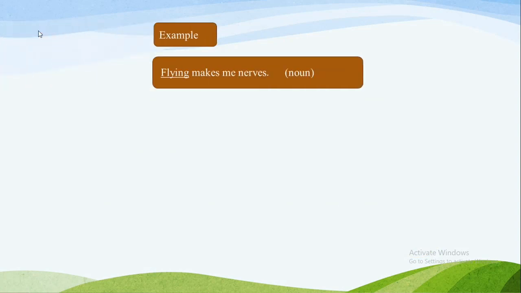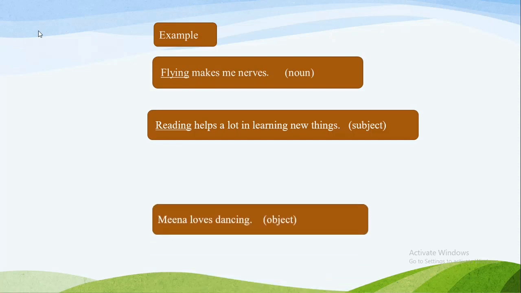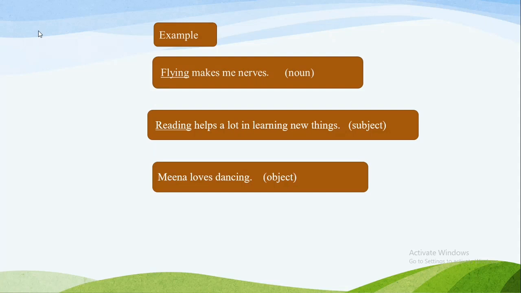Flying makes me nervous. Here, flying is a verb but behaves like a noun. Next, reading helps a lot in learning new things. Here, reading is gerund which acts as a subject in the sentence. Meena loves dancing.